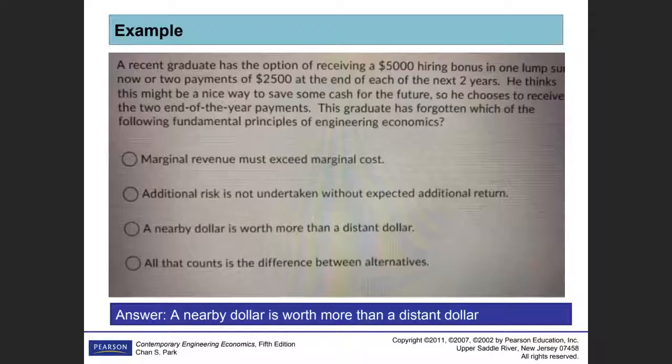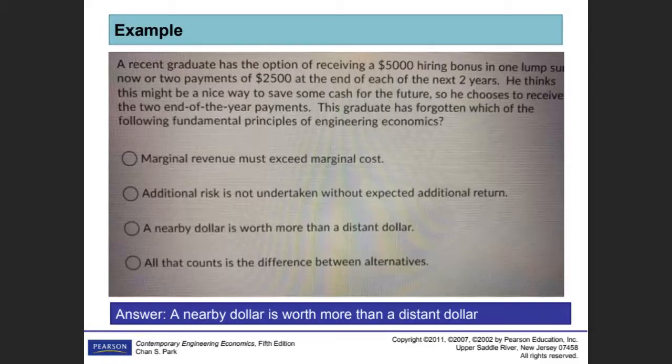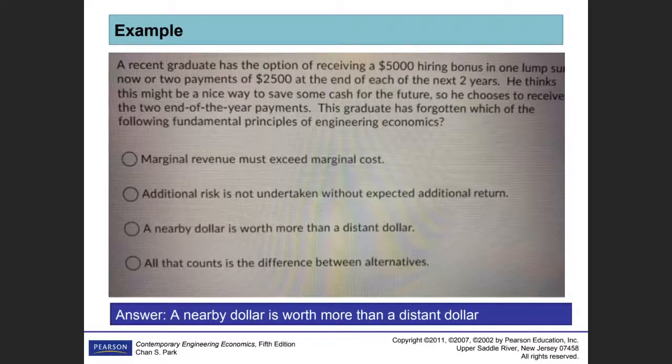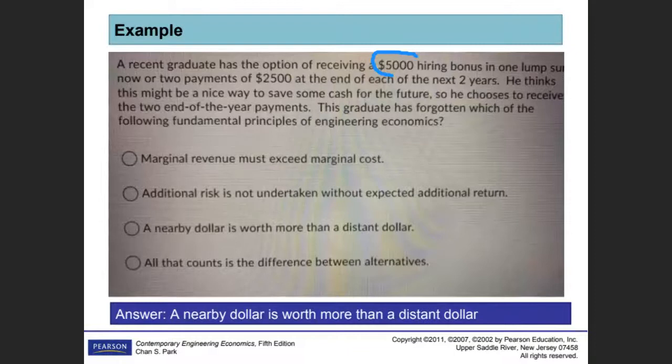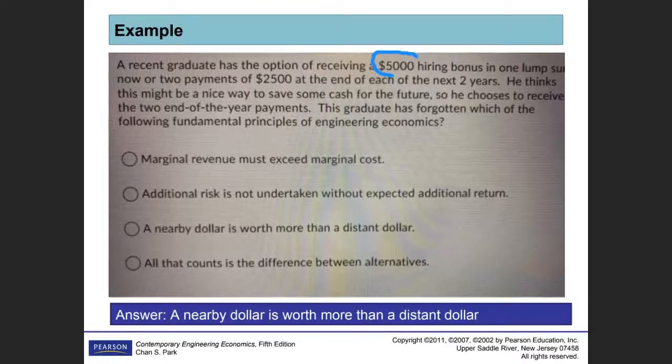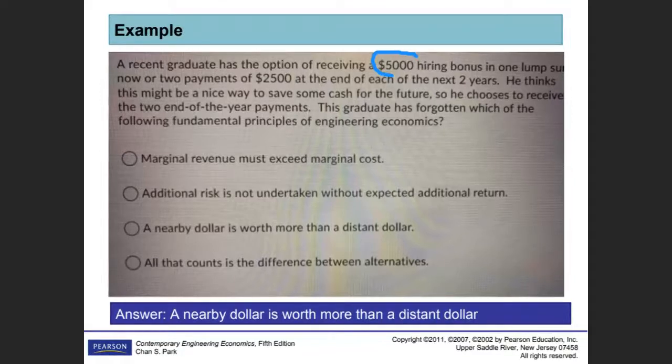This is just one example, right? A recent graduate has the option of receiving, let's say, look at this example. You either receive 5,000 as a bonus as a one lump sum amount now, or 2,500 at the end of each year, right? 2,500 next year and 2,500 in a year after.